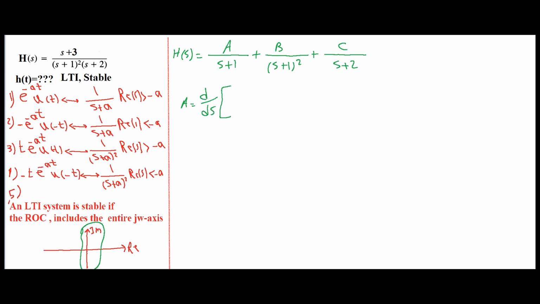To find A, we first multiply H(s) by s plus 1 squared and take the derivative, and finally substitute the remaining s values with the root of the denominator, which is s equal to minus 1. When we do this, the s plus 1 squared terms in the numerator and denominator cancel out, and we are left with taking the derivative of s plus 3 divided by s plus 2.